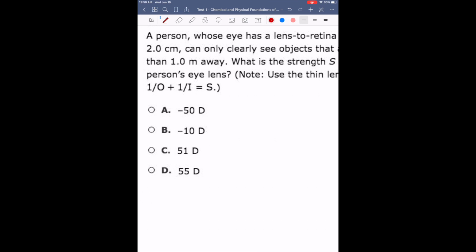So how do we find this out? Just do 1 over the values that they've given us. So 1 over 1 plus 1 over 0.02. That means that we have 1 plus 50.